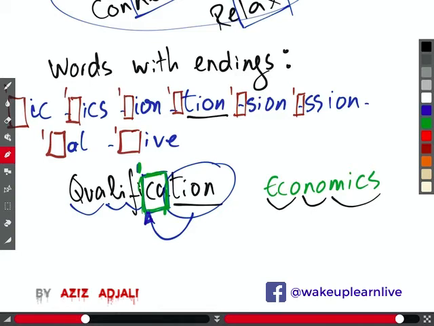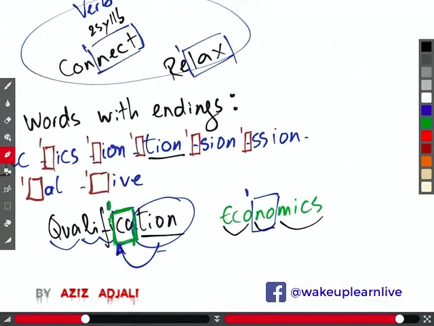Okay, so what do I take? I take what's before it. I take the stress in here. So this one would be economics, economics, economics. And this one is qualification, qualification, qualification. Okay, so in these cases, the stress is just before the ending.